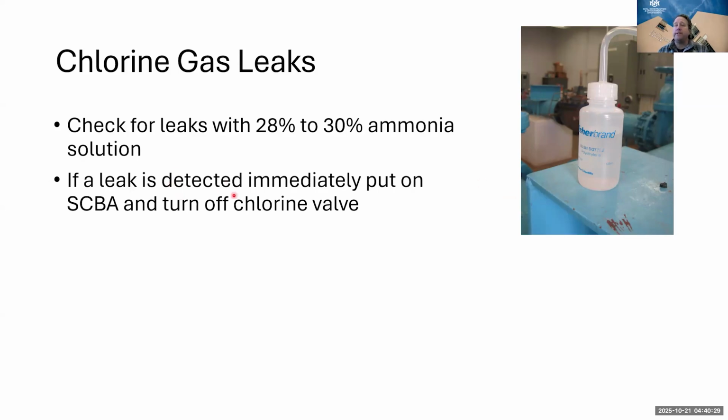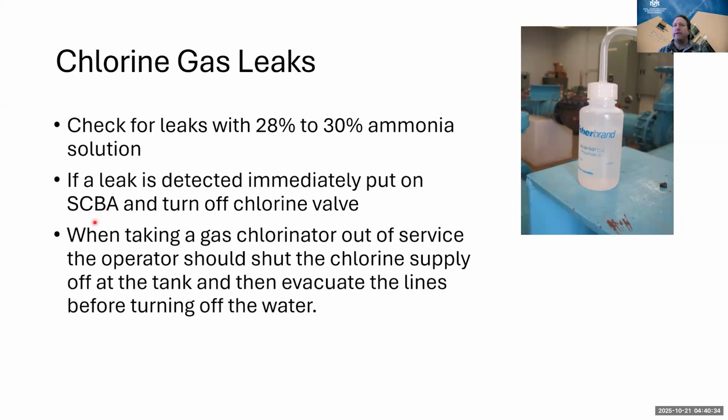If a leak is detected, you want to immediately put on your PPE, your SCBA, and turn off the chlorine valve. And then anytime you're taking a gas chlorinator out of service, you should shut the chlorine supply off at the tank, then let the lines evacuate of all the chlorine gas before you turn off the water.